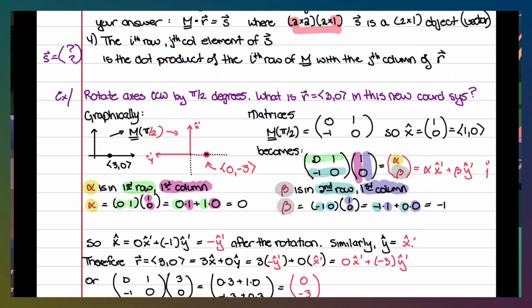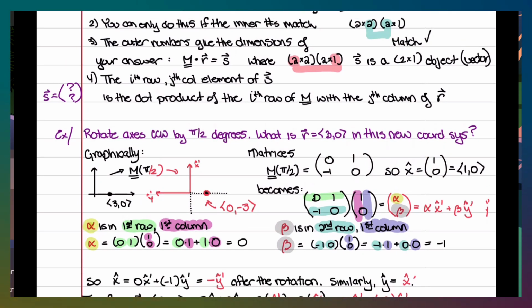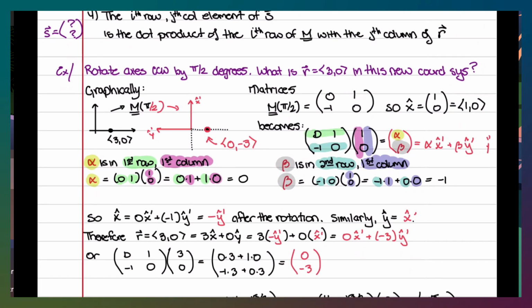Again, I need to make sure it works: 2 rows and 2 columns, and then 2 rows and 1 column. Since the inner numbers match, I can do this.